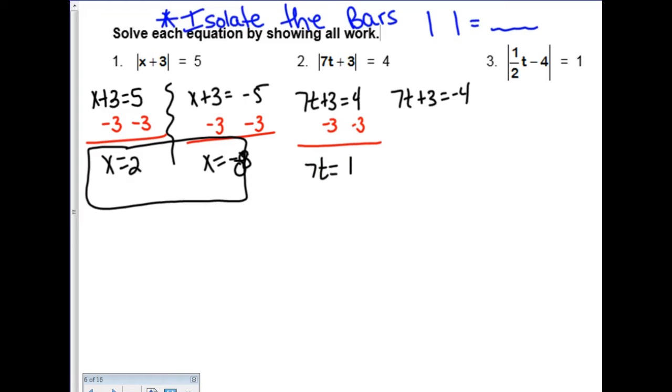Fractions are numbers too, don't panic. We're going to divide by 7, and leave your first solution as t equals 1/7. Same math, different solution. Subtract 3, subtract 3.